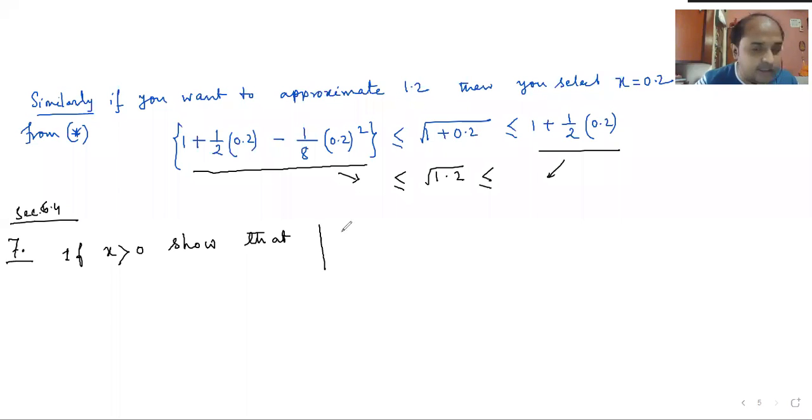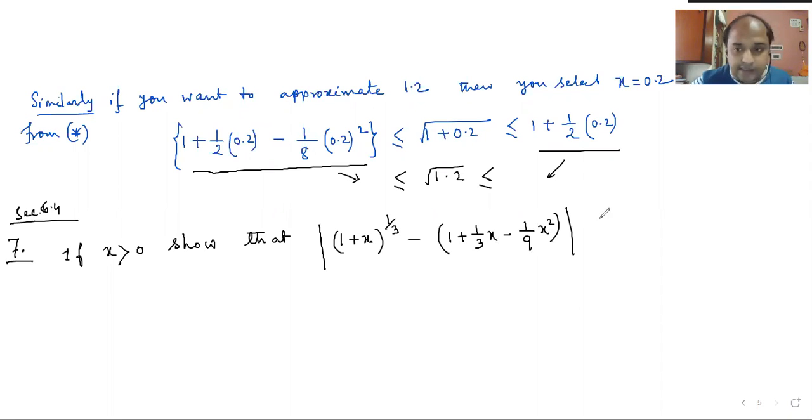If x greater than 0, modulus of (1 plus x) to the power 1/3 minus (1 plus 1/3 x minus 1 upon 9 x square), mod, is less than or equal to 5 by 81 x cube.